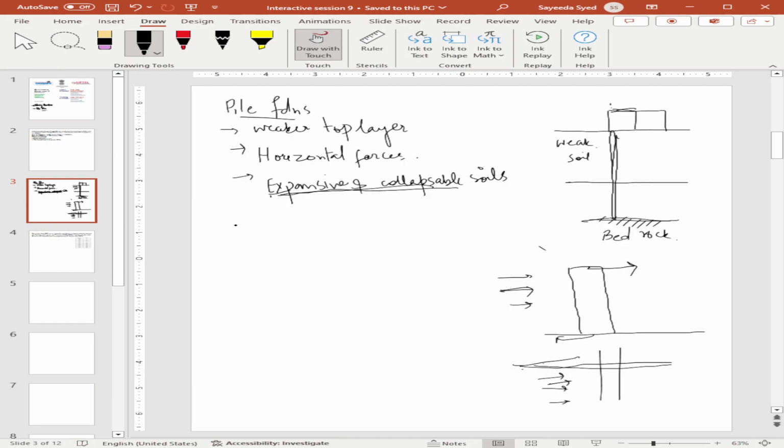Or we need them when structures like transmission towers, offshore platforms, or basements and mats below the water table are subjected to uplift forces.